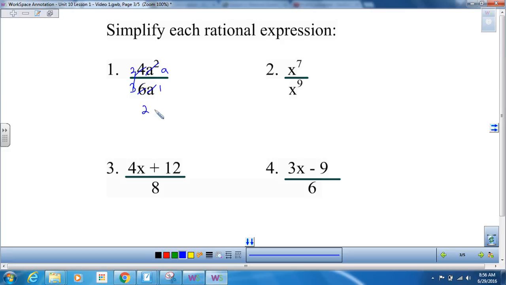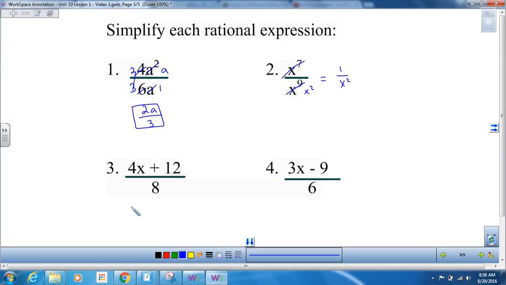So you're left with 2a on top and 3 on bottom. Okay, over here, all 7 of your x's will cancel on top, and you're left with 2 on bottom because you'll cancel 7 out of those 9. If your whole numerator cancels, then that means you just have a 1. And x squared on bottom.